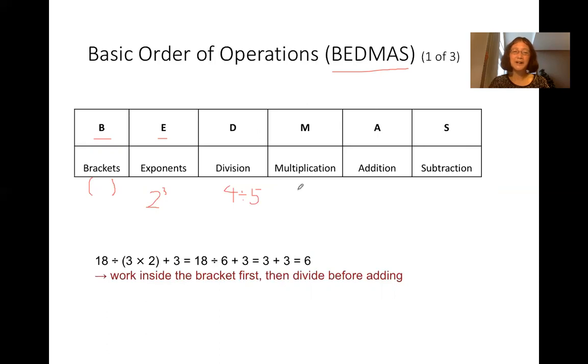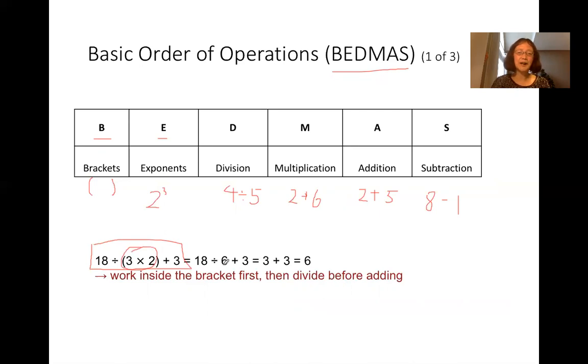M is multiplication, for example 2 multiplied by 6. Addition, so 2 plus 5. Subtraction, 8 minus 1. So for example, if you have this expression, 18 divided by bracket 3 times 2 plus 3, the first step, we need to do the bracket.